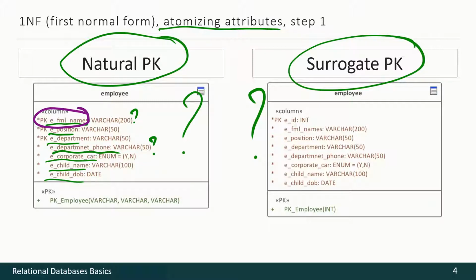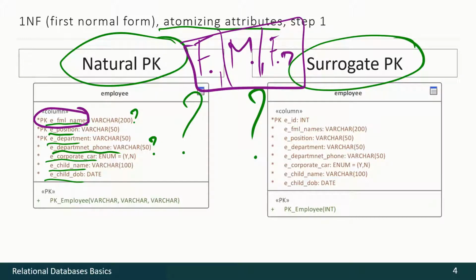Of course, in real life situation, we shall put first name, middle name, and family name in separate columns. But for educational purpose, let's assume that the customer says that he will never need this information in separate form, so we may consider this attribute atomized.